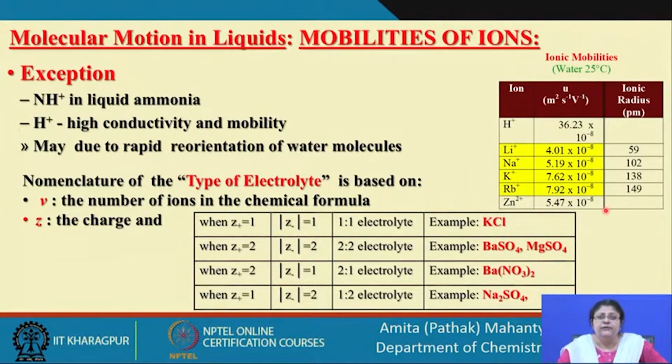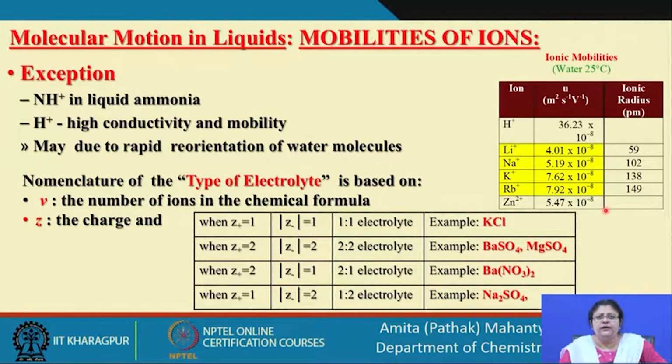Before that, I would like to mention certain things which are important when you are talking about electrolytes. What does the type of electrolyte mean? When we name various types of electrolyte, in further discussions you will say 1,1 electrolyte, 1,2 electrolyte, 2,2 electrolyte. What does that mean?